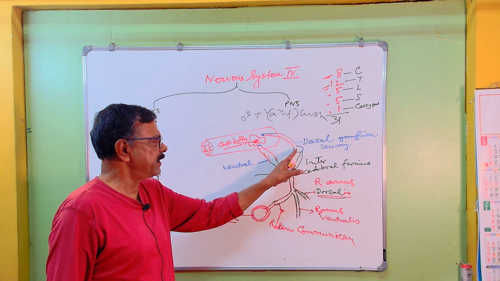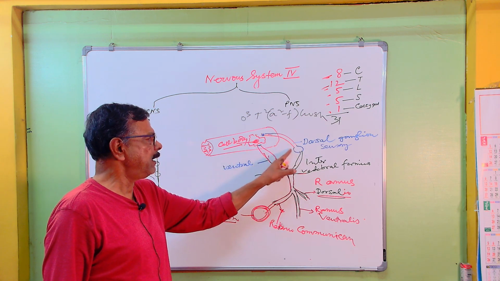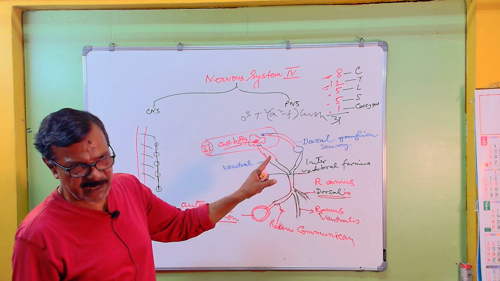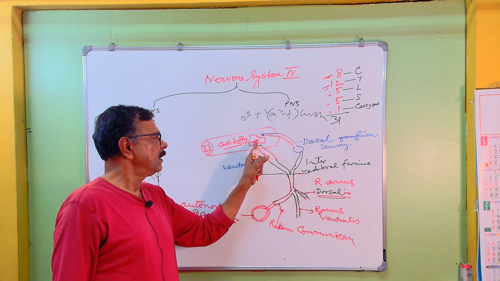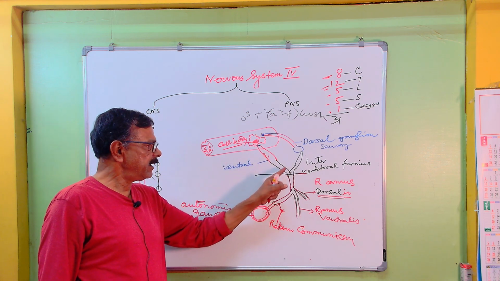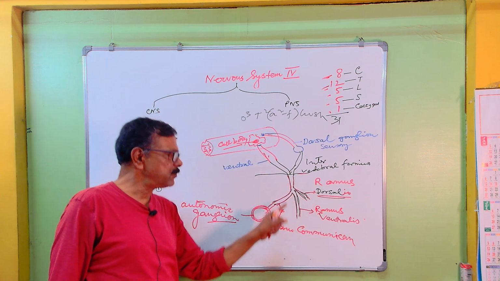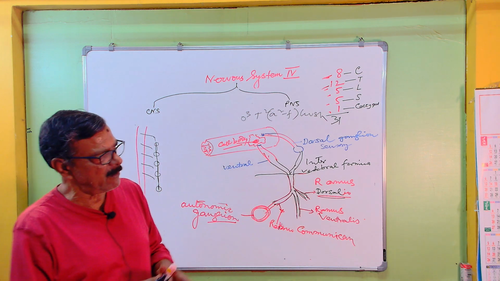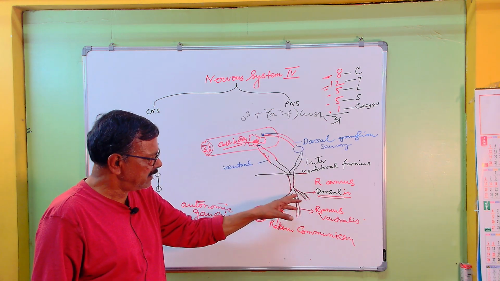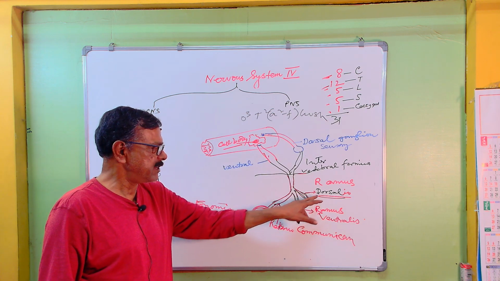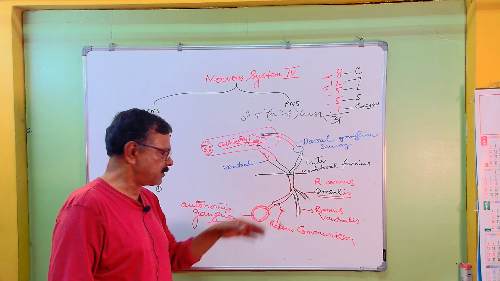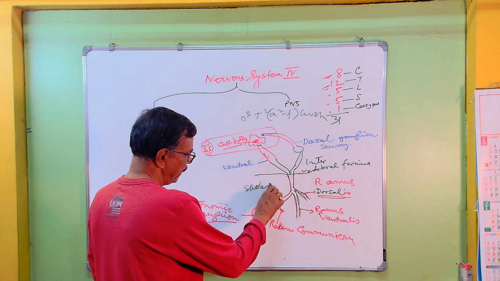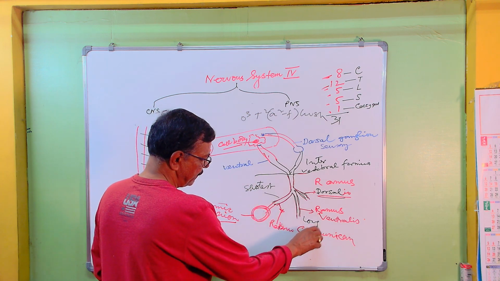The sensory root has its cell body outside the spinal cord in the dorsal ganglion, while the motor neuron's cell body remains inside the grey matter. They join and come out from the intervertebral foramina, then divide into ramus dorsalis, ramus ventralis, and ramus communicans. This is the shortest, and this is the longest.